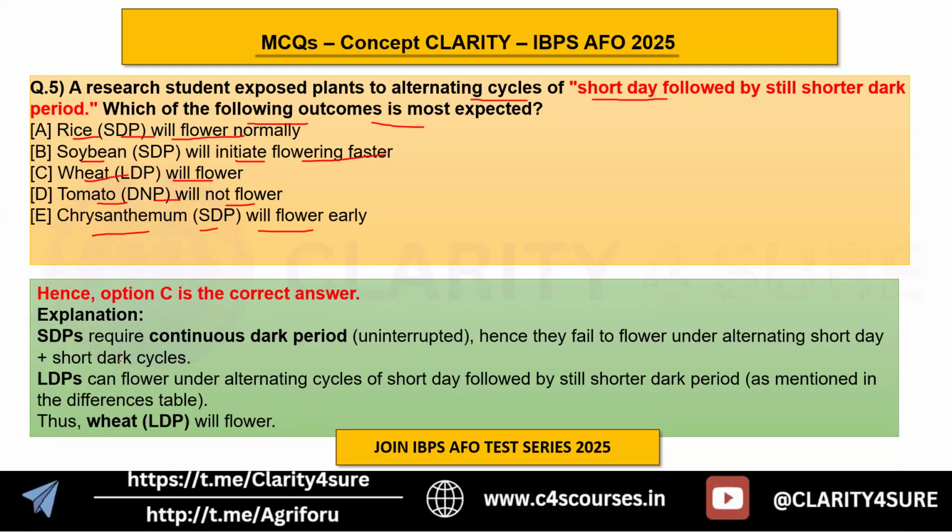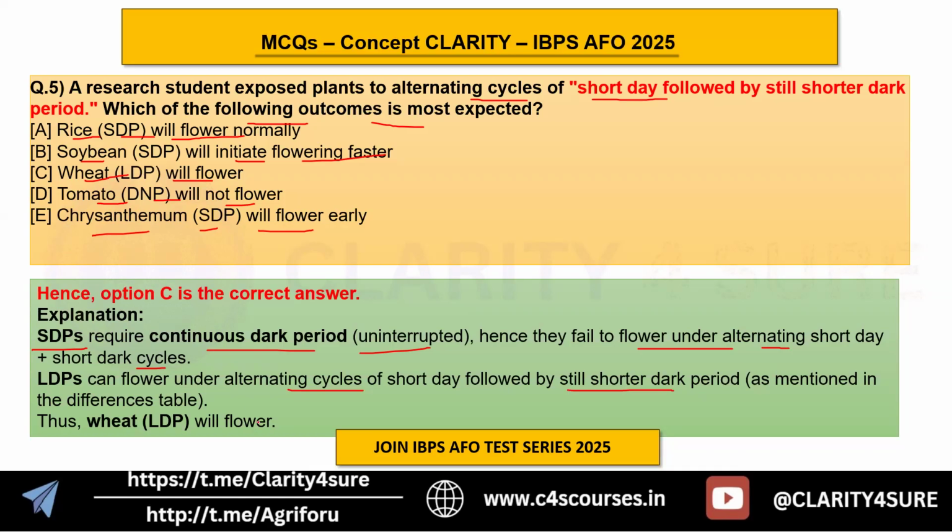So let's see. Short day plants require a continuous dark period, uninterrupted. Hence, they fail to flower under alternating short day plus short dark period cycles. And if we talk about the long day photoperiodism phenomenon, long day plants can flower under alternating cycles followed by a still shorter dark period, as mentioned in the table.